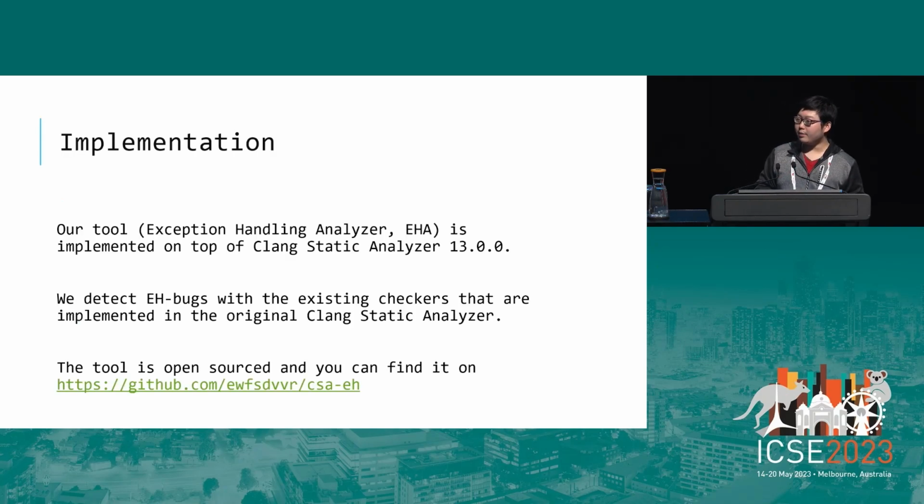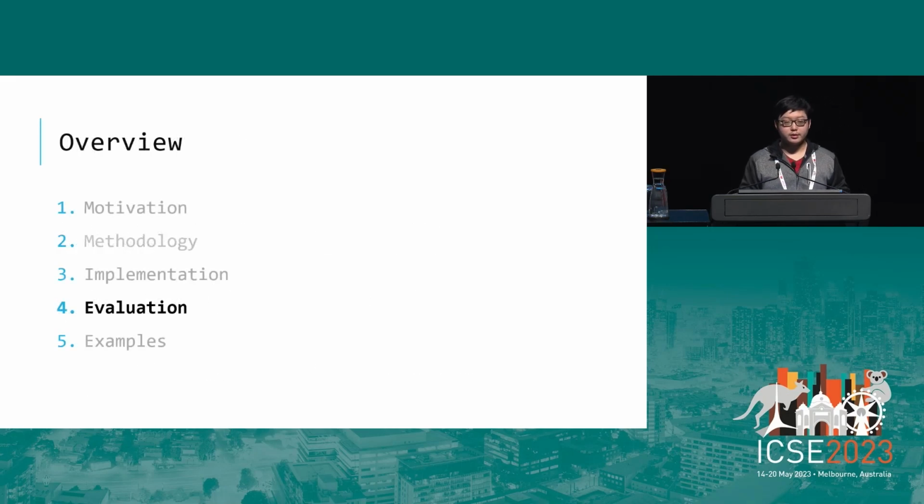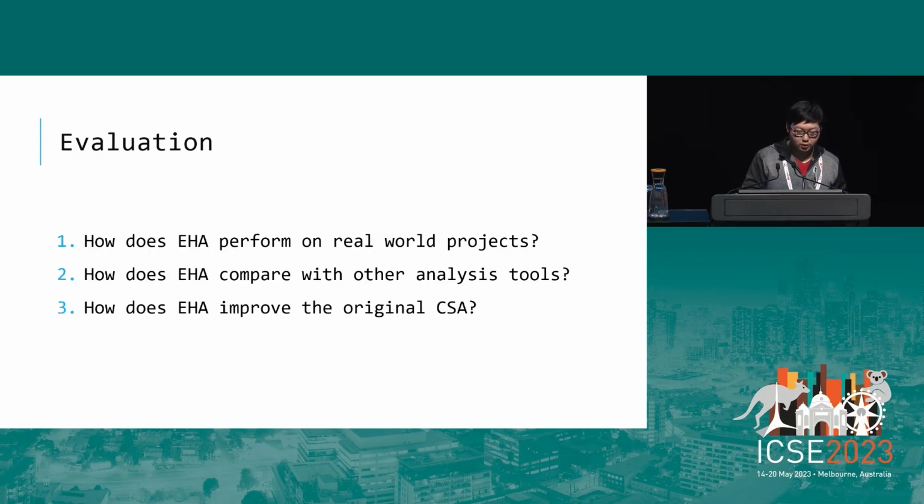We have implemented a tool called EHA on top of Clang Static Analyzer. The tool is open source and you can find it on GitHub. Most important, how good is our tool at detecting EH bugs? We evaluated our tool in 3 aspects.